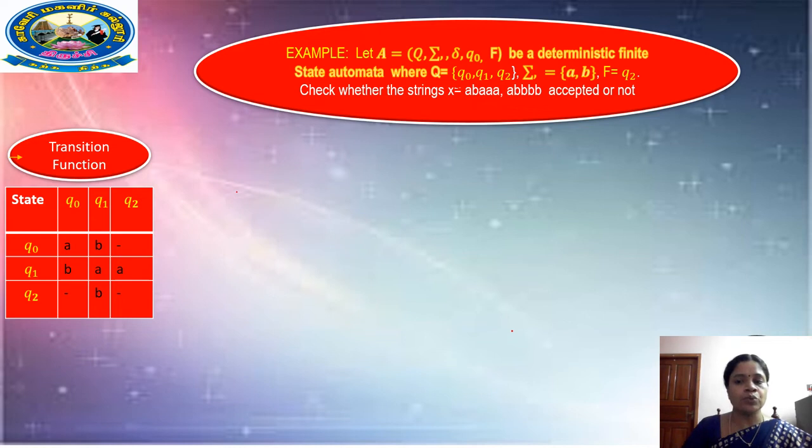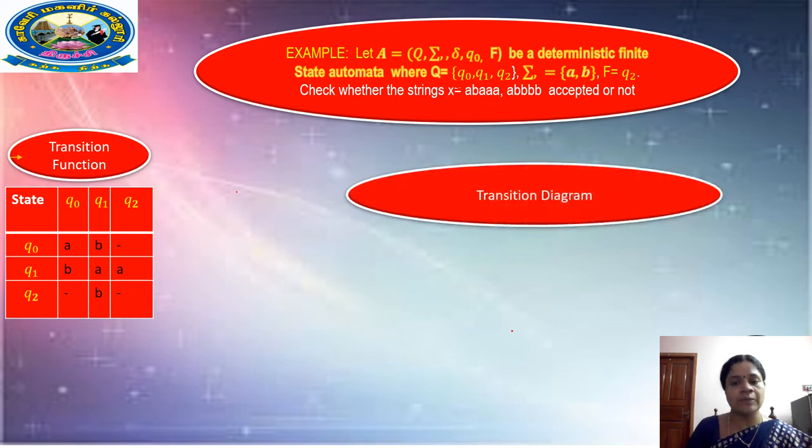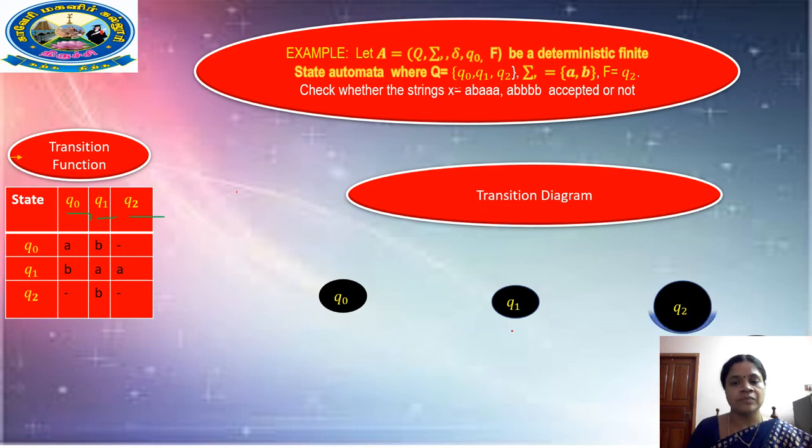So now we are going to take the transition diagram with Q0, Q1 and Q2. Here we have a function from Q0 to Q0.